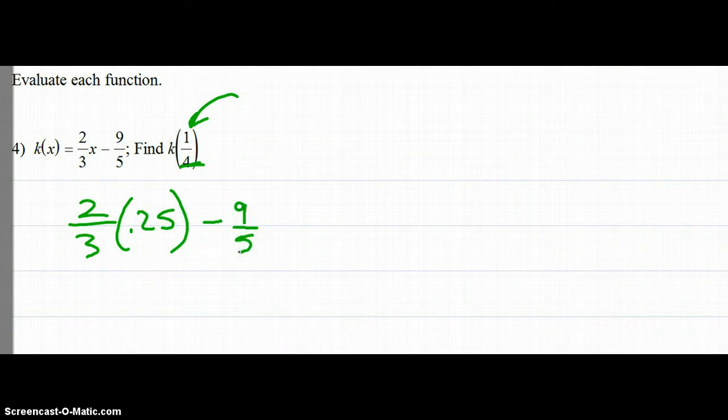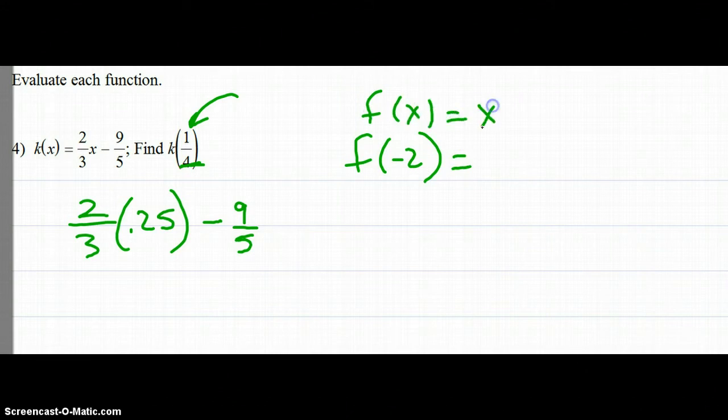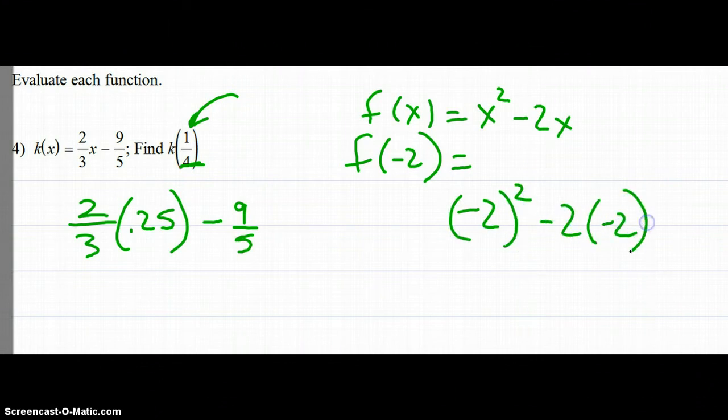Let me note that if it is a negative value, though, if it's f of negative 2, and the function is x squared minus 2x, just be careful on our calculators when you stick in a negative 2, you have to put that inside parentheses.